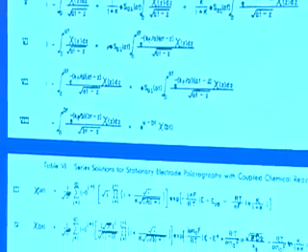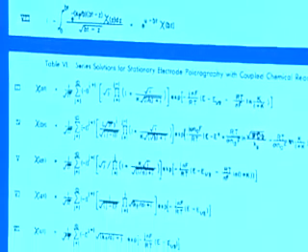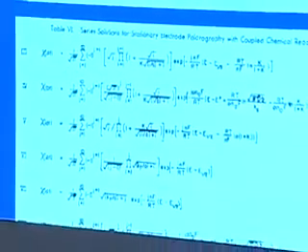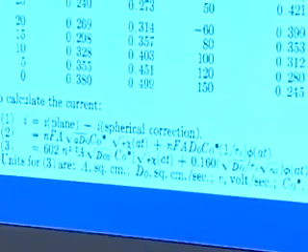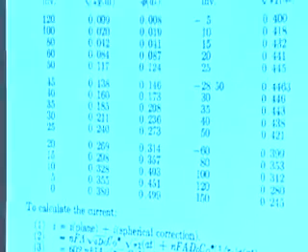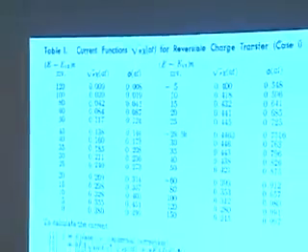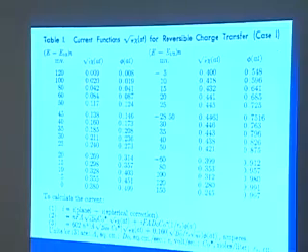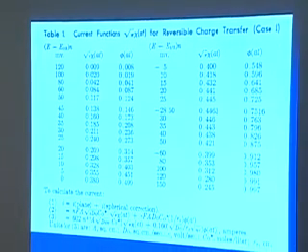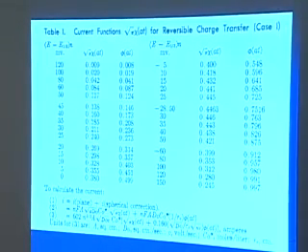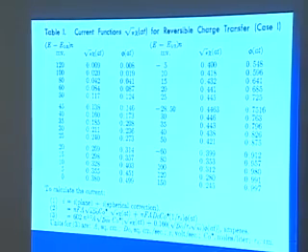Now, their solutions aren't presented like equations, like the Cottrell equation and whatnot. They're presented as tables in this manuscript. So here's case 1, the reversible case. So this is what you get. There's the function right there. They happen to multiply by a square root of pi to make life simpler when you go to plug it in to get the current out, because remember, square root of pi, square root of diffusion coefficient is always in there.